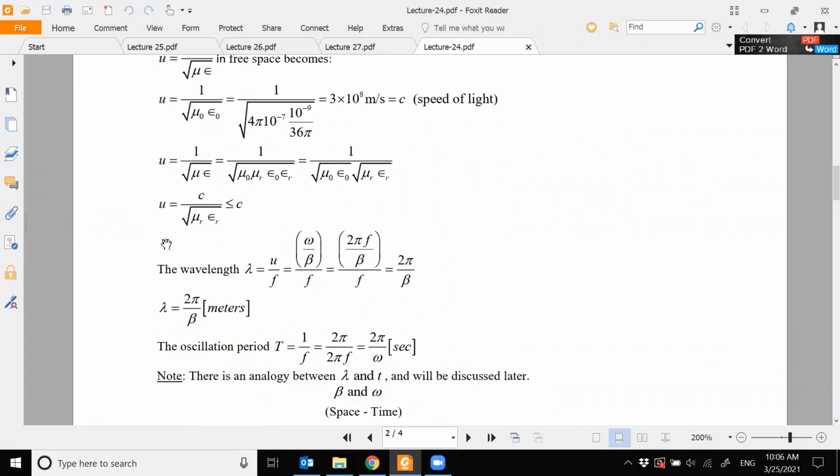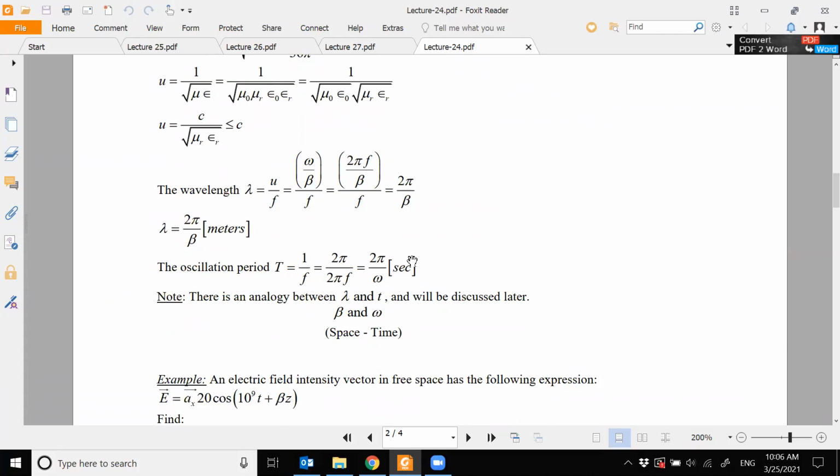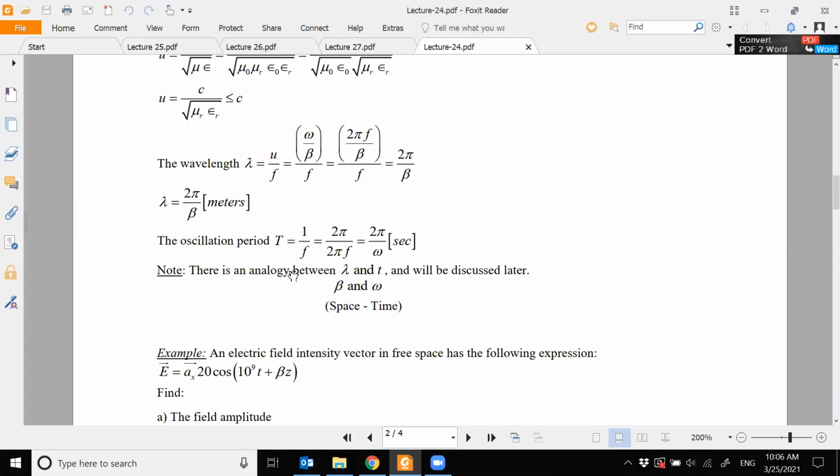First is the phase velocity, and we found that the phase velocity will be smaller in the material for the electromagnetic wave compared to free space. Then we looked at the wavelength, and the phase constant, which is very important. And then we looked at the time period and the angular frequency, and I explained how the angular frequency and time are related.